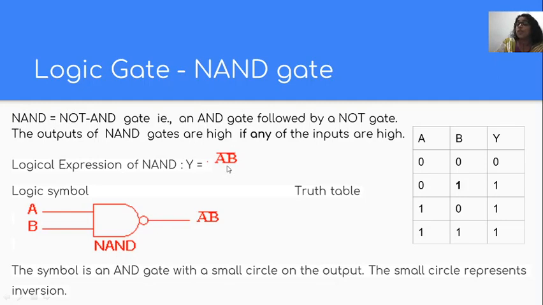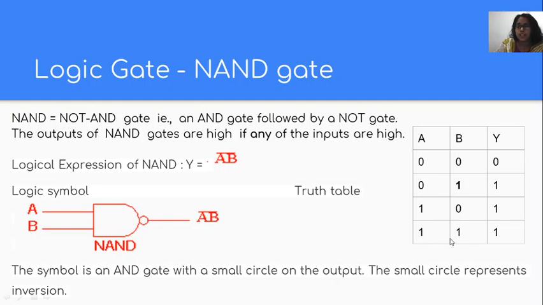What about the truth table of NAND gate? It will be the inversion of AND gate. That is AND gate, we know that the output will be 1 for only one case, that is 1 1 is equal to 1.